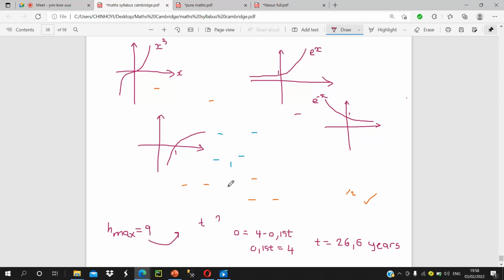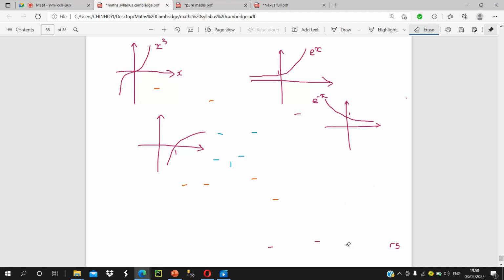Then for x squared, we just wanted the general graph for x squared, because that one I don't think so. When x equals 0, what will y be? If y equals x squared and x equals 0, then what will y be? It's 0, so it passes through the origin.